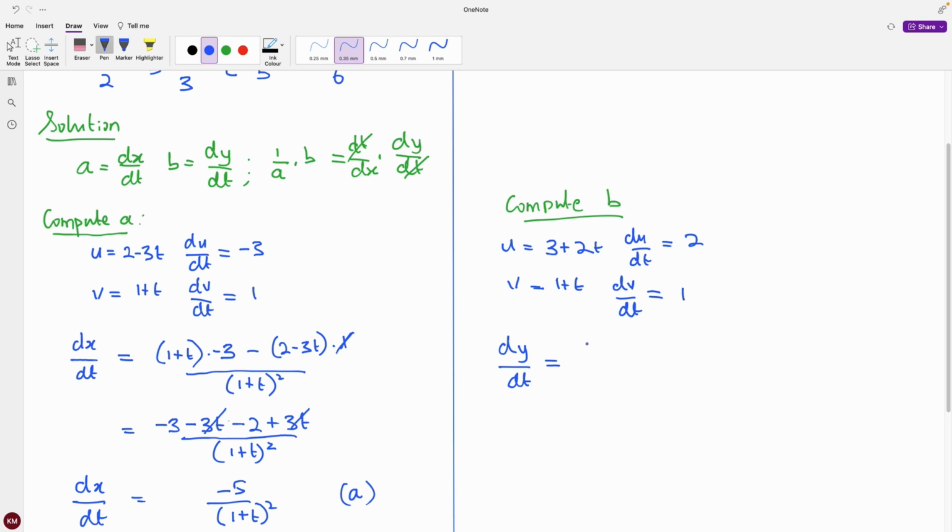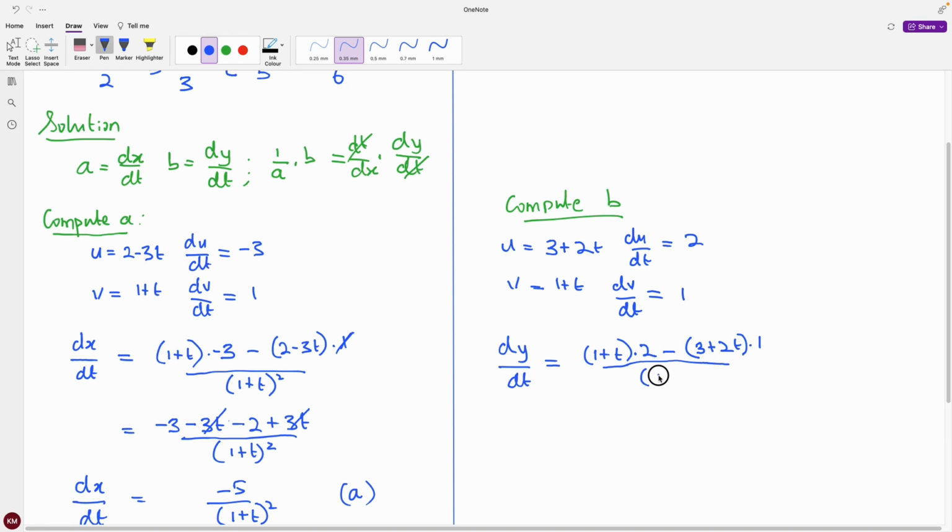Is going to be, so we have our v, which is 1 plus t, times du by dt, so it's going to be times 2 minus u times dv by dt, so u is 3 plus 2t, times dv by dt, which is 1, and we are going to divide by v squared, 1 plus t all squared.